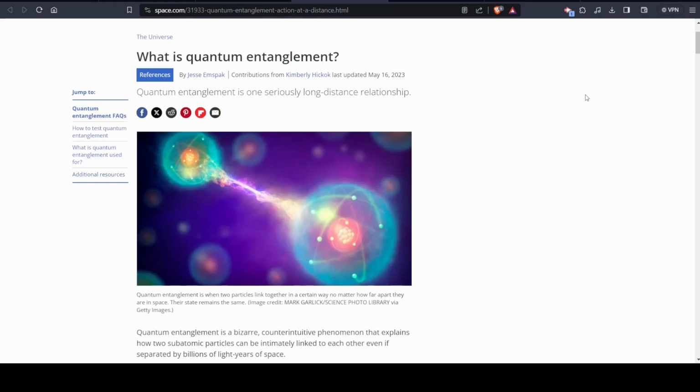So in quantum entanglement, each particle exists in any number of its states at the same time until you measure it. If you've ever heard of Schrodinger's cat, it's the same sort of thing, where the cat is both alive and dead at the same time in a box, and you don't know until you open it. Once you make that observation, you've forced it into one state or the other. Until you make the measurement, that cat exists in both states at the same time.